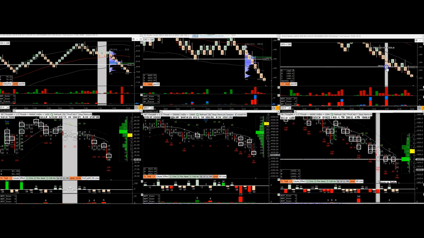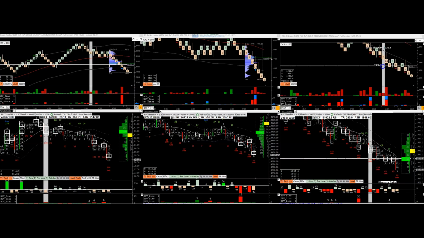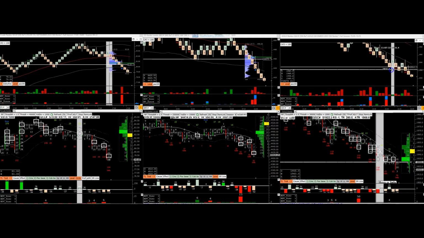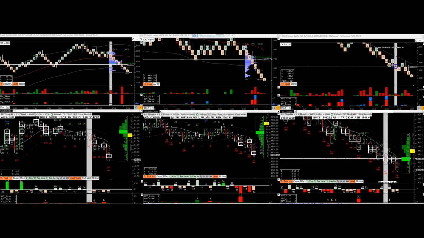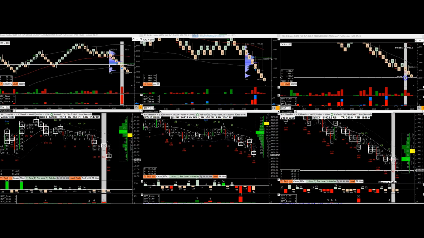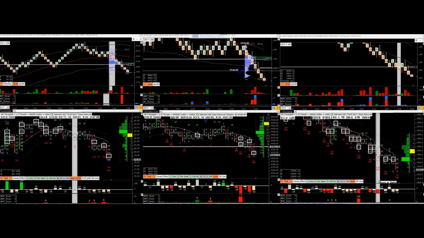Low is 30. This low is 35. Okay, so around there. So we'll see a pullback right into that 1935 area, and then resumption of the execution in the downtrend. All right, so all of these markets are broken. Can you believe it?